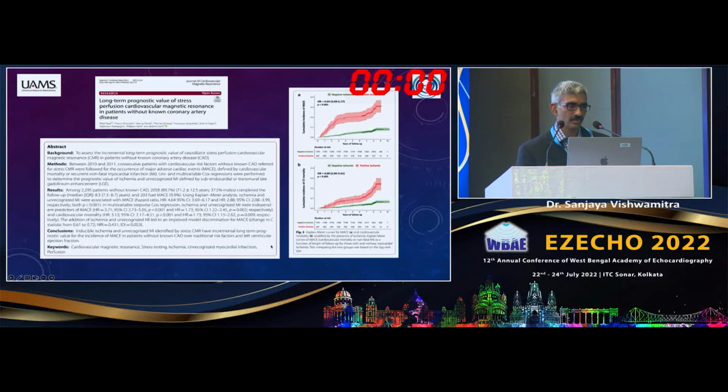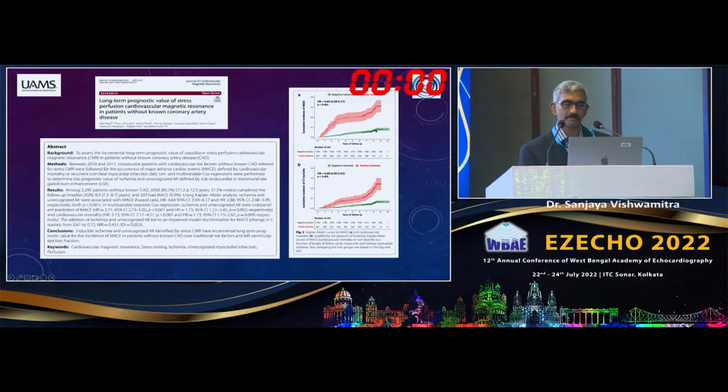And this again showing you something similar. This is basically inducible ischemia and unrecognized MI. And this is actually an interesting article because these patients were not known to have coronary artery disease. So they took about 2,000 patients over a period of 1 year, without known coronary artery disease, and they did CMR in these patients, and they found that many of them had inducible ischemia with unrecognized MI.